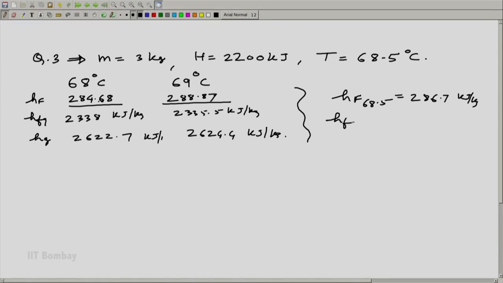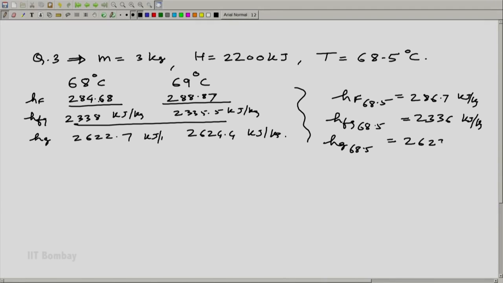Then hfg at 68.5 is equal to 2336 kilojoule per kg, and hg at 68.5 is equal to 2623 kilojoule per kg. Similar things are done for u, s and v. I will interpolate the values and get them for 68.5 degrees centigrade.